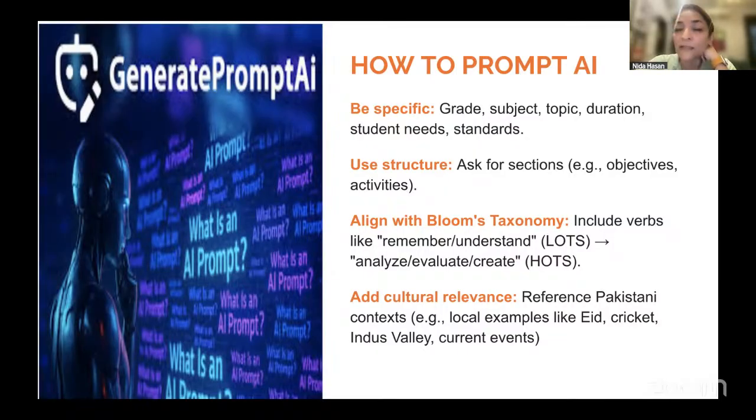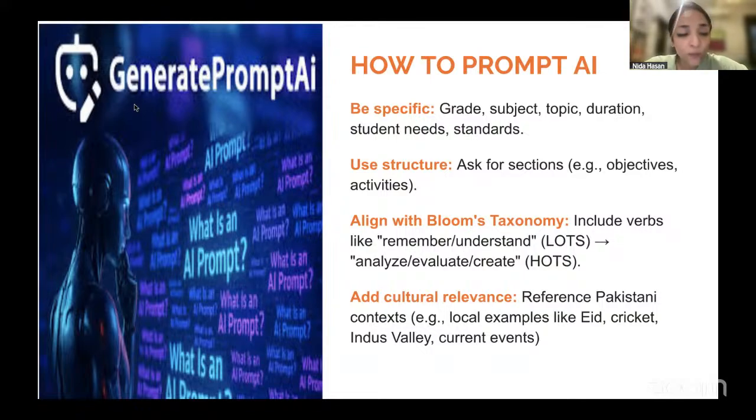Which subject am I teaching? Do I teach science, maths? The topic: what is the topic of discussion today? The duration: is my lesson going to be 30 minutes, 40 minutes, 45 minutes? What are my student needs and what are the standards that I need my students to meet?